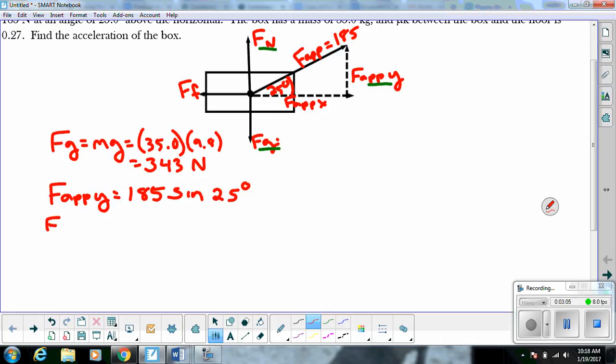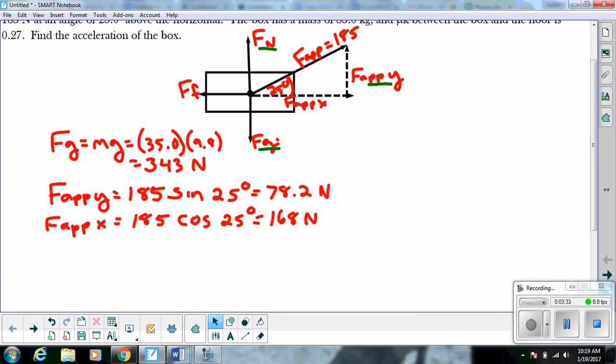And I can say the force applied in the x direction is going to be 185 cosine 25 degrees. Solving these component vectors out, I find that the force applied in the y direction is 78.2. Force applied in the x direction is 168. These are all newtons.